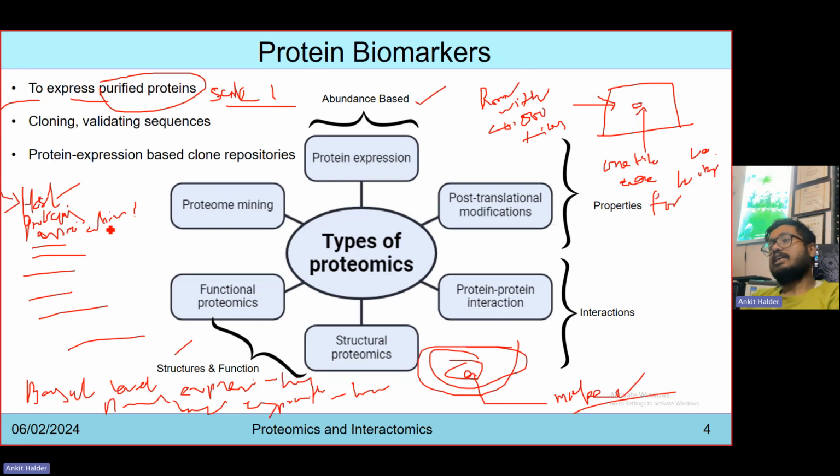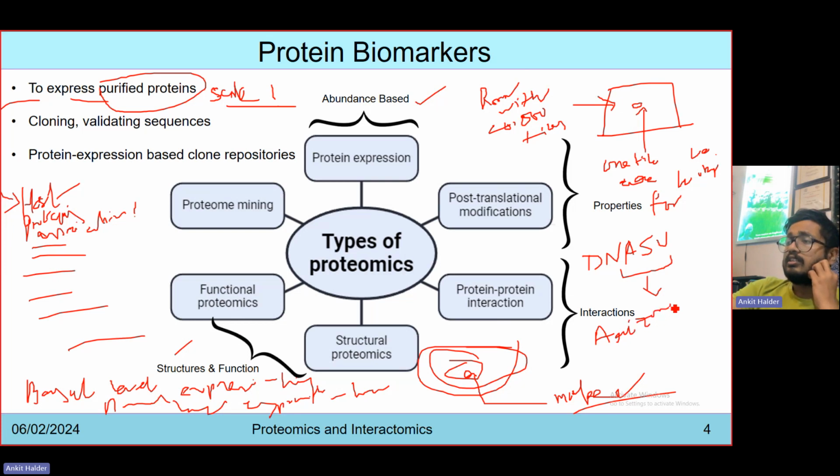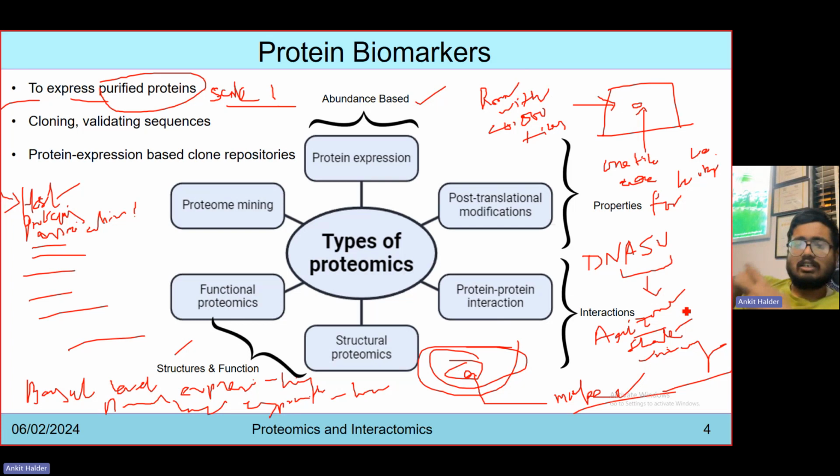As in the lecture you could see of the DNASU, if you just search DNASU from Arizona State University, Professor Laber from Arizona State University has made a huge clone repository.